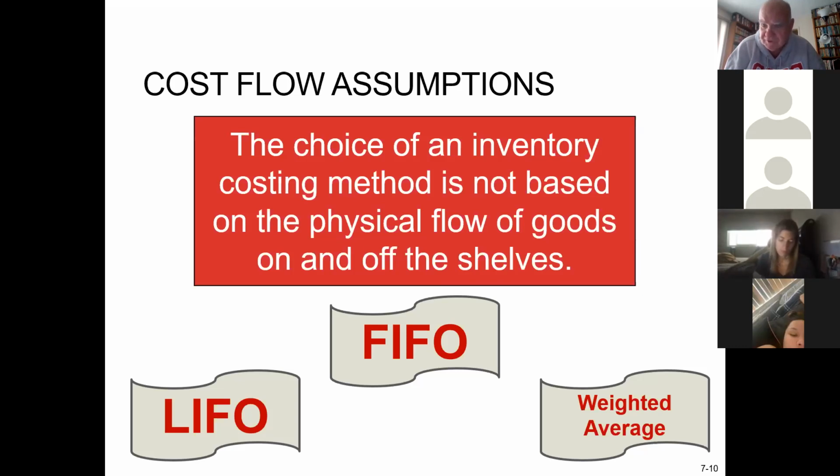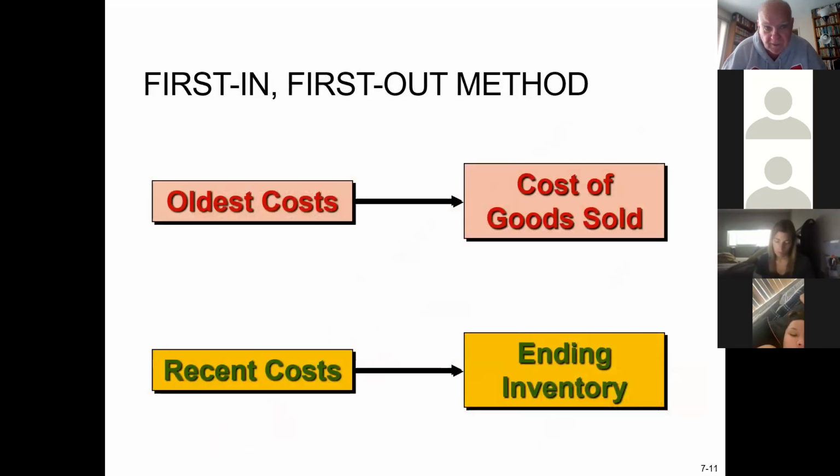Last in, first out, like we just said. We're assuming we're selling the most recent item first. And the weighted average is very easy to calculate, and that price will end up between these two. So 4 methods. These are the 3 big ones plus specific ID, okay?